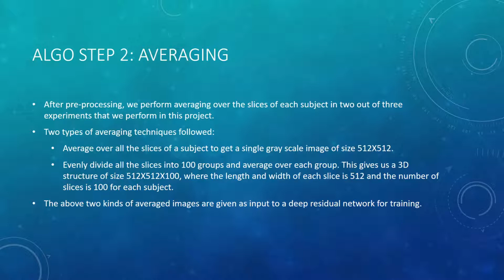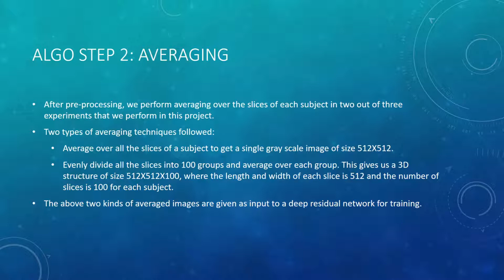In the first kind, for a particular subject, we average over all the slices in that subject. So for every pixel, we basically average across all the slices for that subject, and in the end we get a resultant one slice per subject, which has the same label as the subject label. So for every subject we will get one slice of size 512 cross 512.